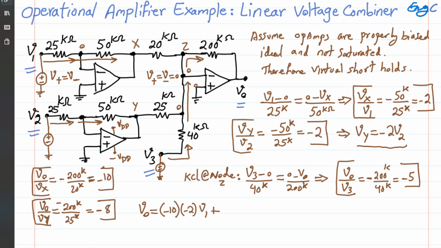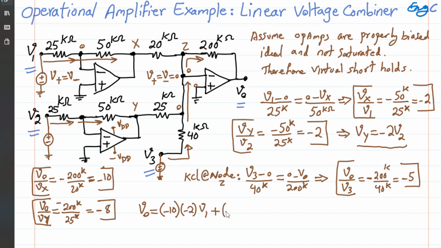From the same argument, from V2, input node 2, to node Y, we can see there is a gain of -2 as well. Vy is equal to -2 V2. So from 2 to Y, there is a gain of -2, and from Y to out, there is a gain of -8.